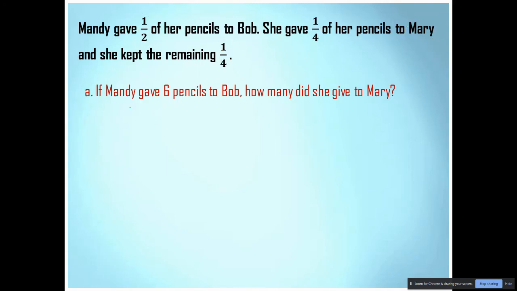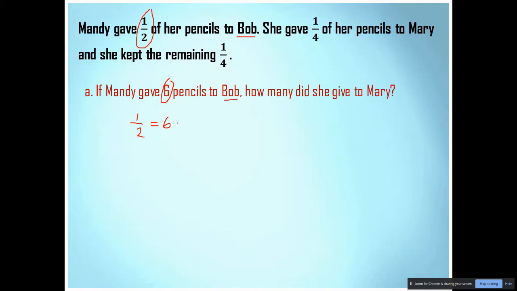If Mandy gave 6 pencils to Bob, how many did she give to Mary? Remember, 1/2 of her pencils was given to Bob. So if 1/2 is equal to 6, how many did she give to Mary? Remember, half of half is 1/4.